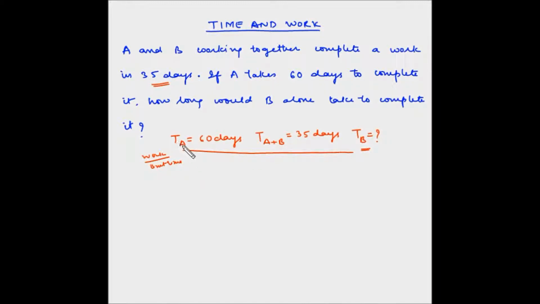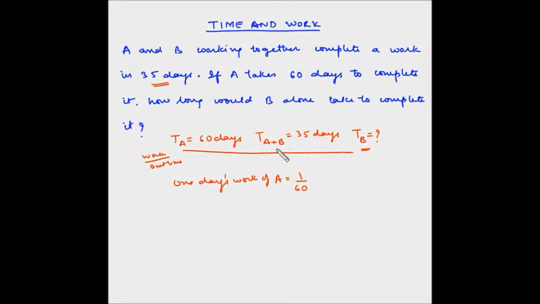So A completes the work in 60 days. So in one day, A will do 1 by 60th of the work. So 1 day's work of A is equal to 1 by 60.